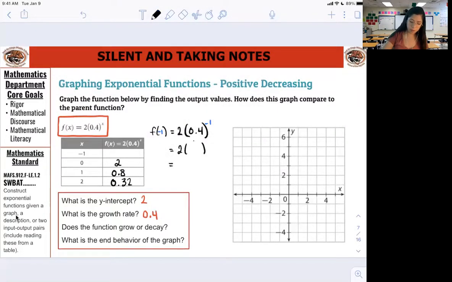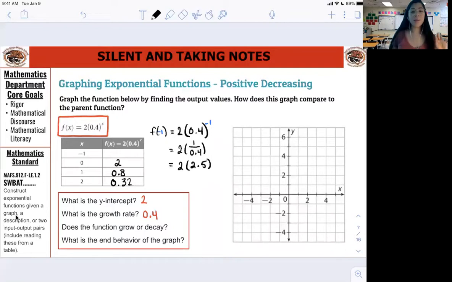So this is now 1 over 0.4. Go into your calculator and plug in. What is 1 divided by 0.4? 2.5. So does it become negative? No, it becomes a positive. It becomes a bigger number.